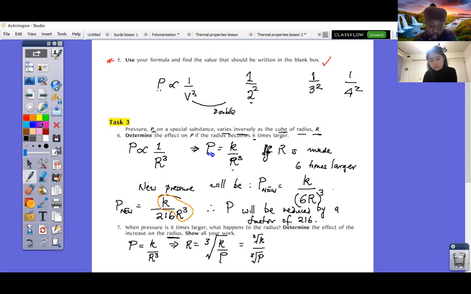We can give it a new letter and just call it A. You're allowed to. And therefore, we can rewrite this as A, where A is the cube root of K, divided by cube root of P. Okay? You happy with that?